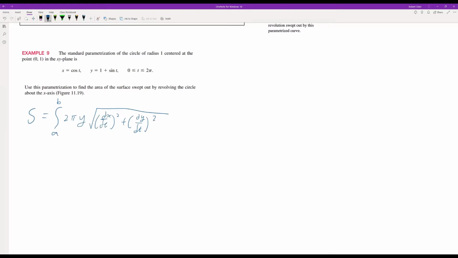We know it's going to go from 0 to 2 pi. That will be our bounds. y is 1 plus sine t, that can go here. So let's worry about dx/dt and dy/dt. dx/dt is negative sine t, and dy/dt is cosine t. You can see a similar pattern to what we saw before, and we can assume that a lot of things are going to disappear.